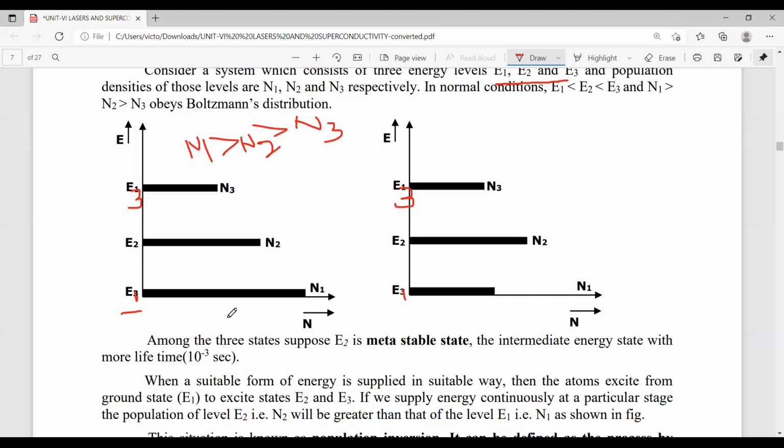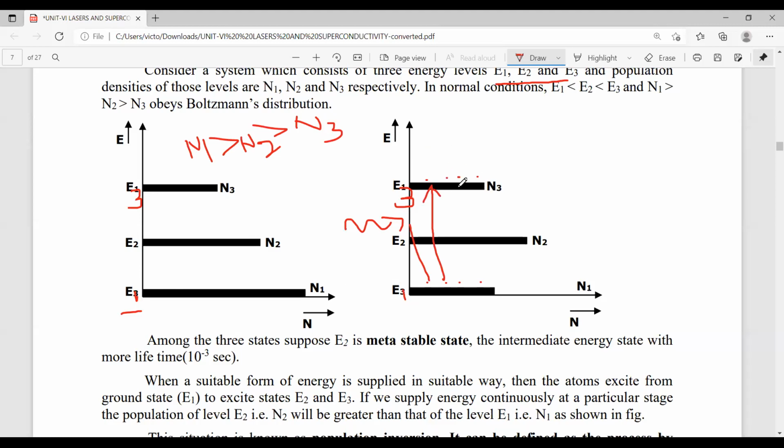This is the general population in energy levels. But when we give some external energy, some suitable form of energy, the atoms present in the lower energy level jump to a higher energy level.